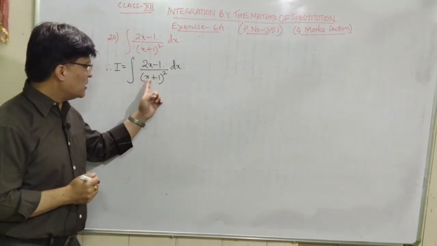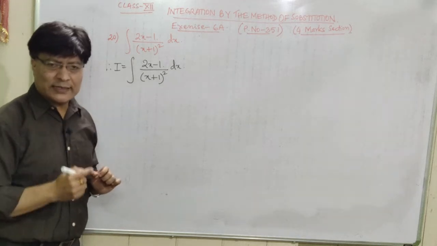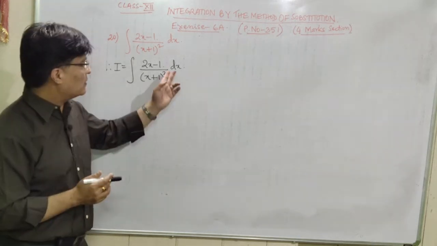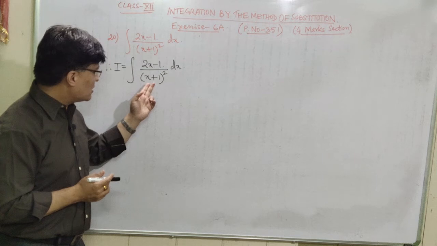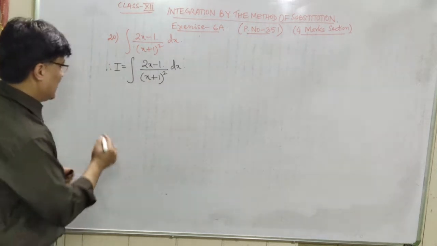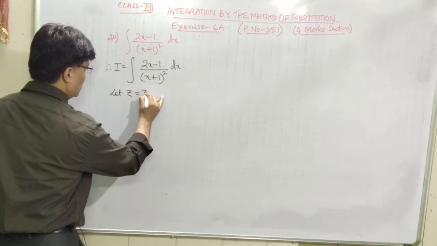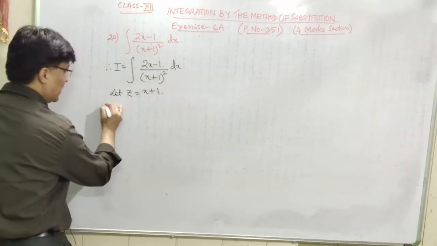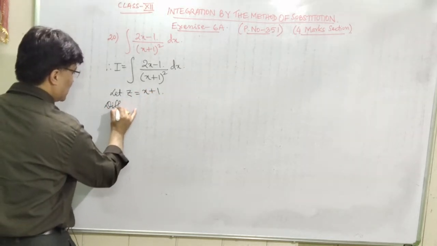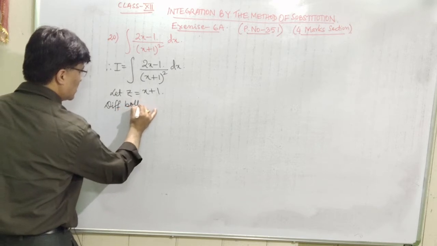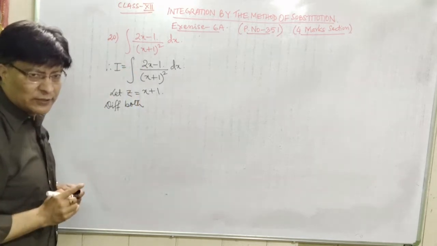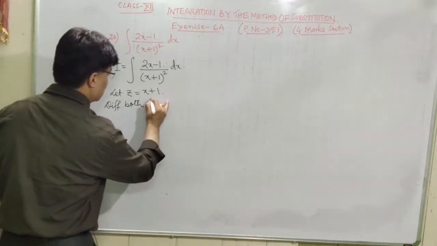So we can assume this x plus 1 as z, so that after differentiation you can get the value for dx. So let z is equal to x plus 1. Now you have to differentiate it. If you do the method of substitution in an integral, you have to differentiate both the sides with respect to x.